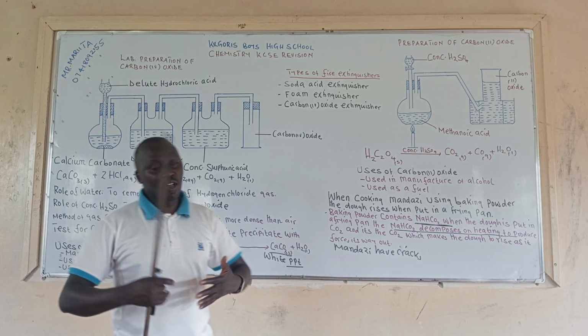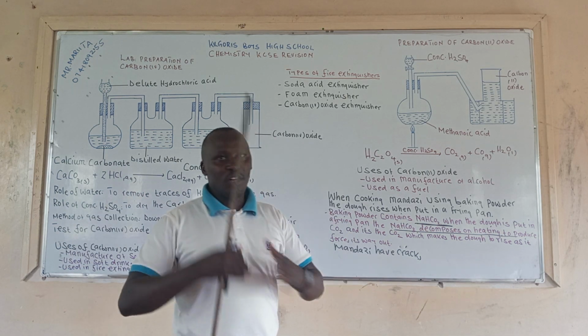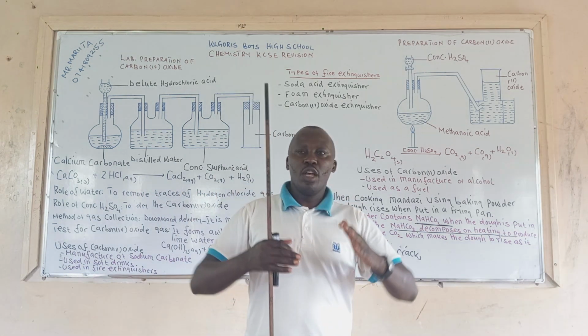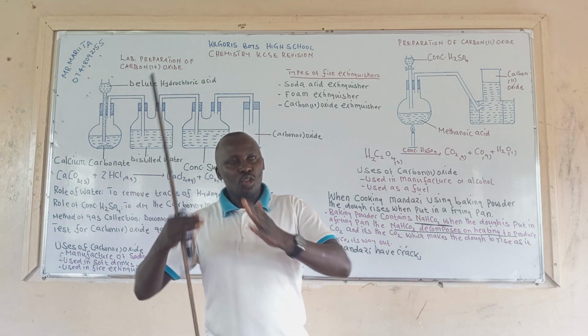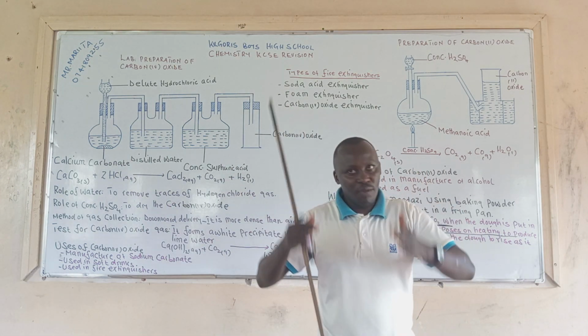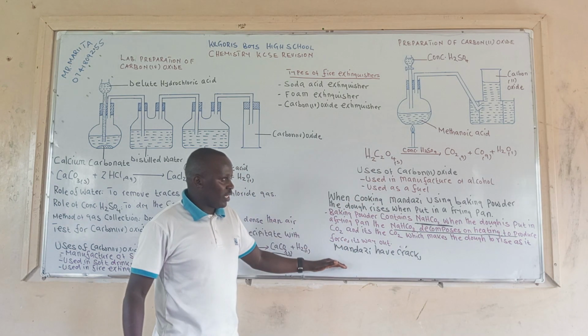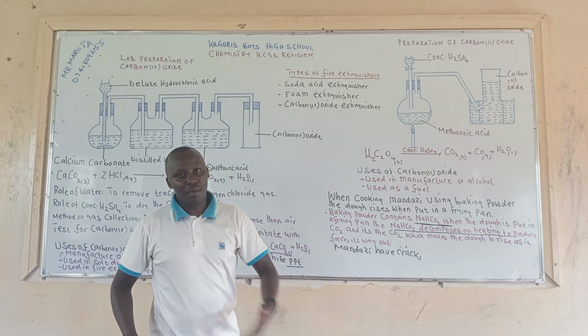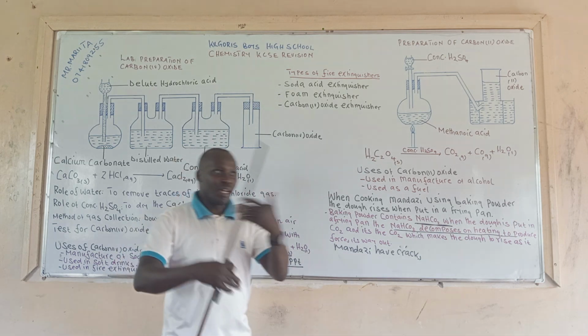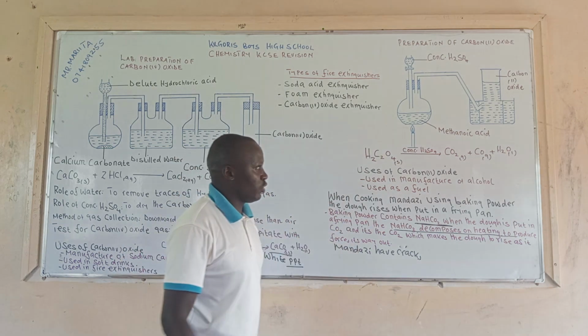When the dough is put on the frying pan, the sodium hydrogen carbonate decomposes to produce carbon dioxide. As the carbon dioxide forces its way out, it causes the cracks on the mandasi. So if you come across a question asking why mandasi always have cracks, that is what you can say.